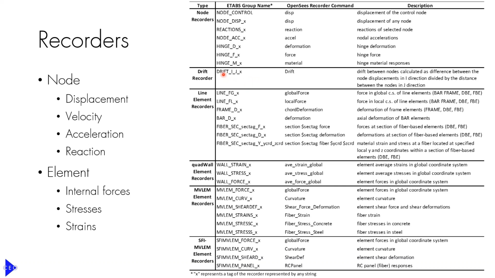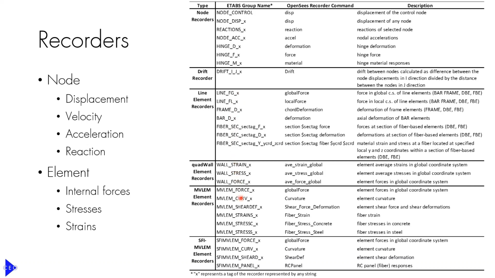So for example, if you do drift IJ, that means drift in the I direction, and J would be the perpendicular direction, right? This is particularly useful compared to Perform 3D. I know over there you have to define a drift recorder for every story, and that's pretty time consuming as well. Here you can just do it in one row of nodes, and that will automatically do it.